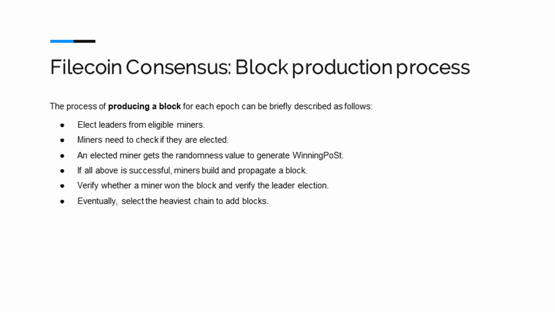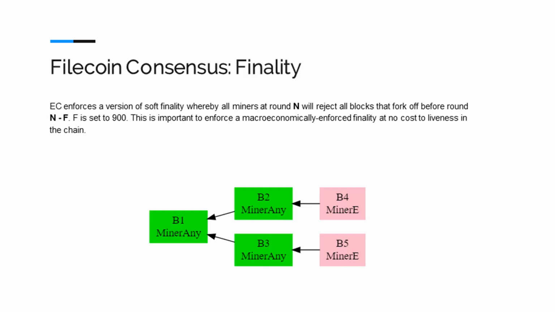An elected miner gets the randomness value to generate a winning proof of spacetime. If all above is successful, miners build and propagate a block, verify whether a miner won the block, and verify the leader election. Eventually, select the heaviest chain to add blocks.